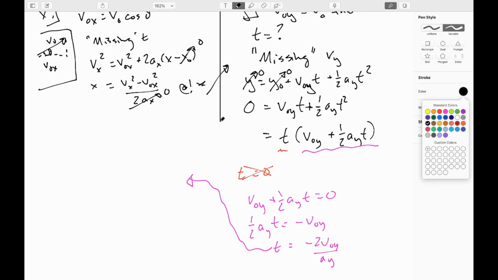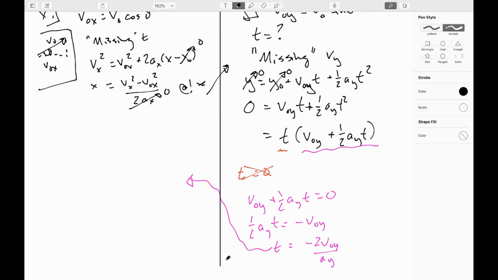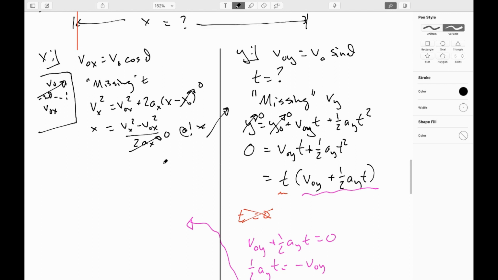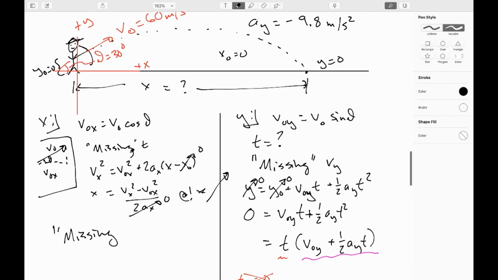All right, now take 2. We want to figure out the other variable that was missing, so now we can try this one: we were missing, my bad here, vx.